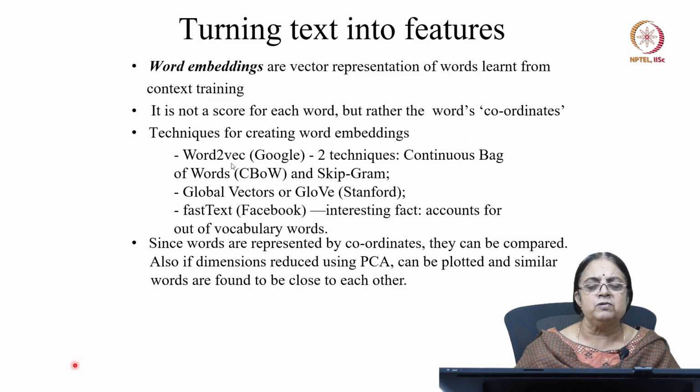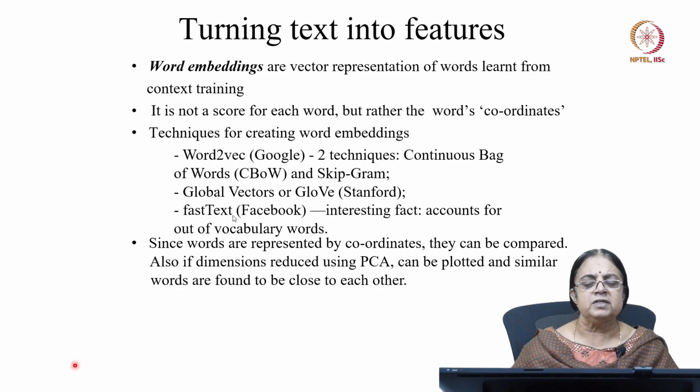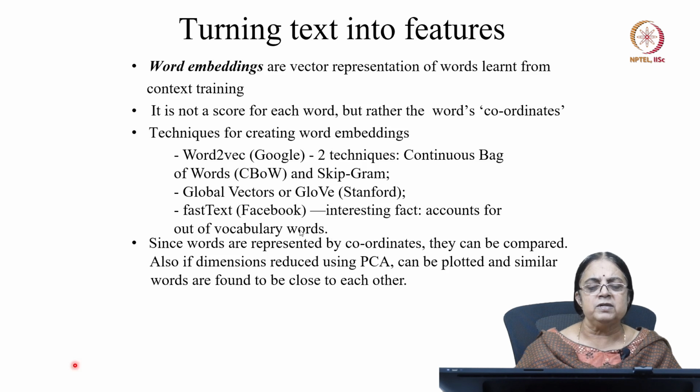One is called word2vec, in which there are 2 types of techniques: continuous bag of words and the skipgram. Then you have the global vectors or GloVe embeddings. You have what is called the fastText embeddings, etc. So these are different embeddings which can be used. Word2vec is very popular, and recently the GloVe embeddings are also very popular.